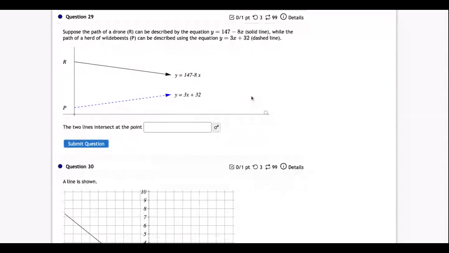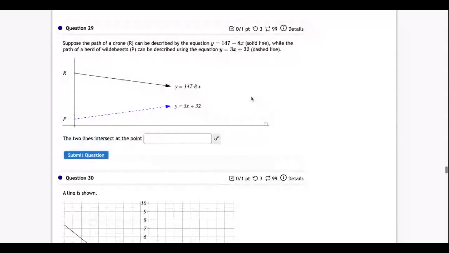What is this question? Solve a system of equations, right? How do we solve a system of equations? We could subtract those two equations in this case, or we can substitute. Either method. So we have y equals this. We could substitute this y into 147 minus ax equals 3x plus 32.